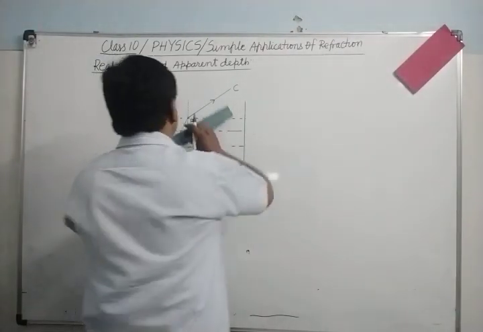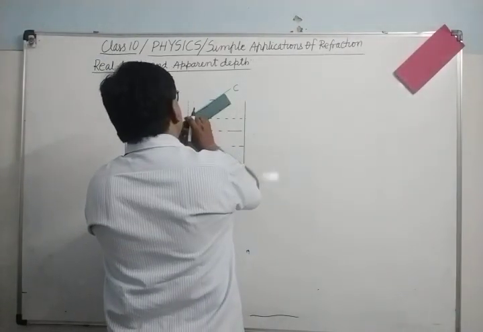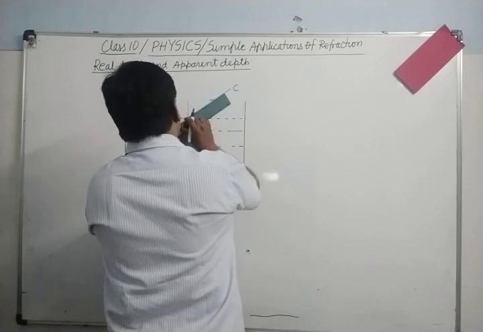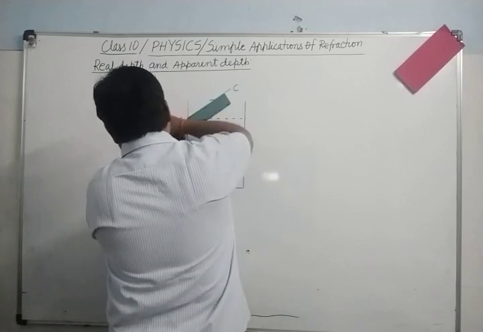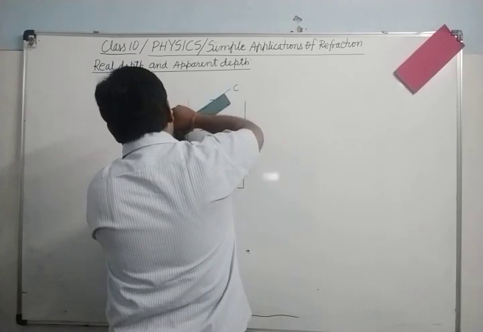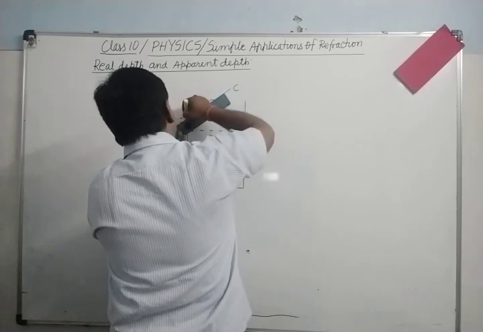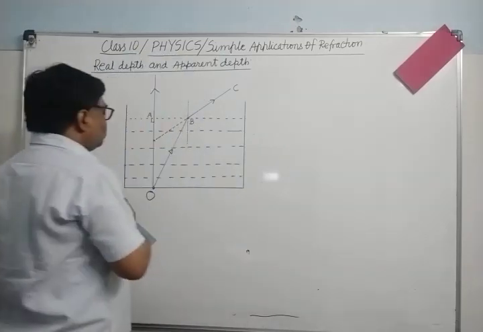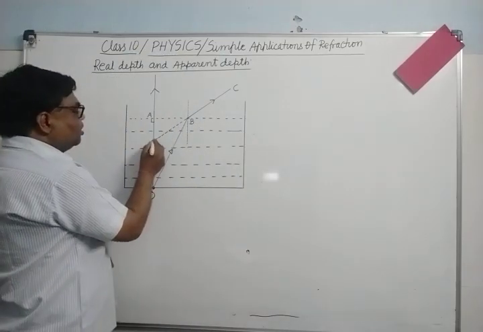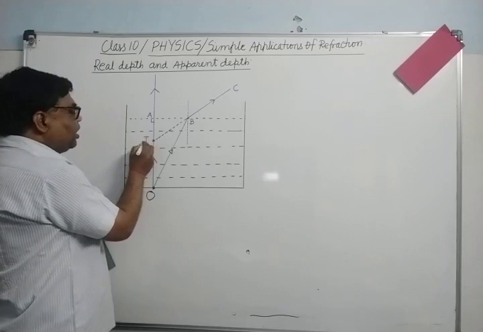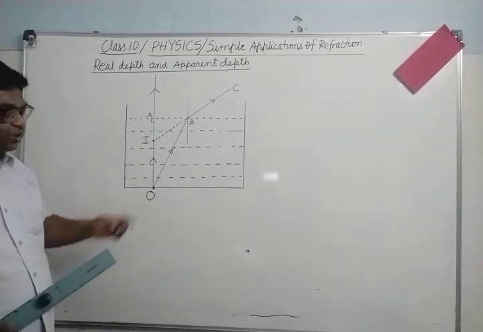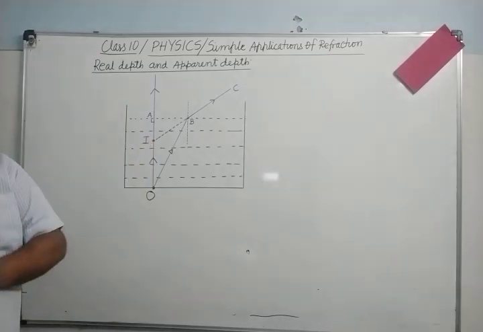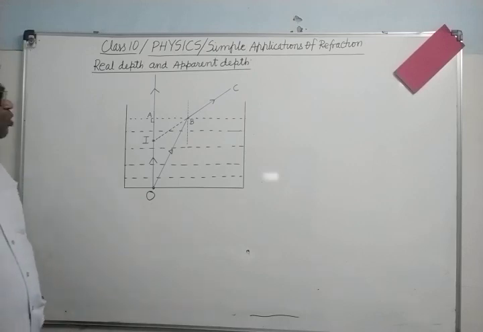But when they are produced back, they appear to come from this point. This is the apparent image of the object O. I is the apparent image of the object O.